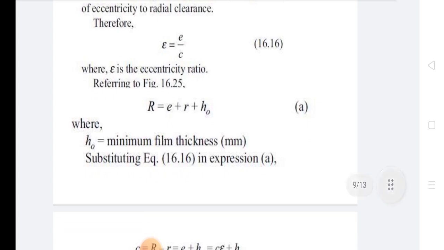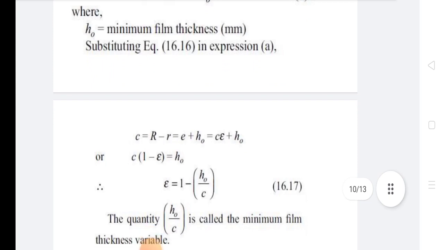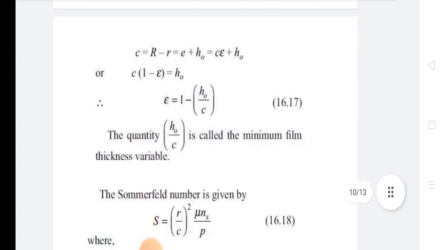R is equal to e plus r plus h0, where h0 is equal to minimum film thickness. Substituting this in the expression, c is equal to R minus r is equal to e plus h0, that is equal to c into epsilon plus h0, or c into (1 minus epsilon) is equal to h0.